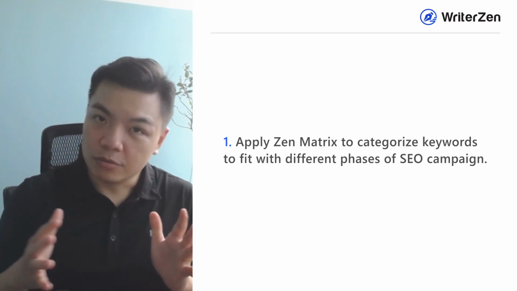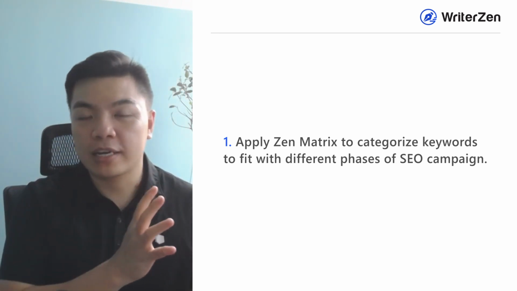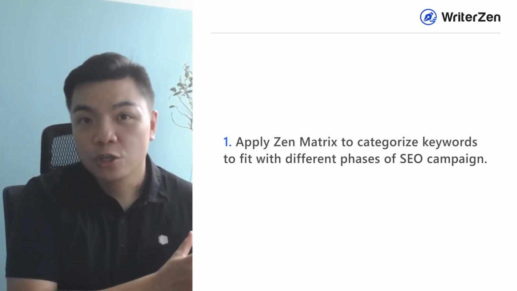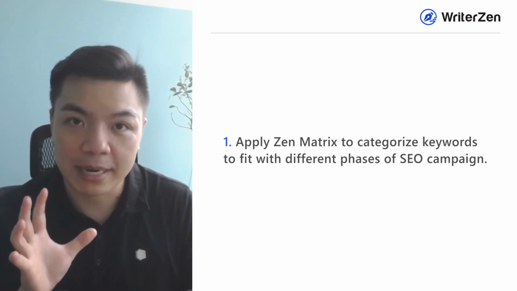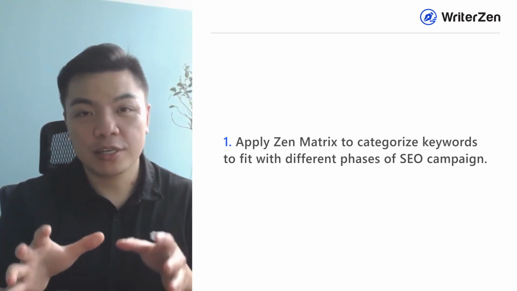So all of that, the whole journey, you should be able to determine which keyword list should fit with what stage and why. And that will be solved by our Zen Matrix, which I will go into more detail later on.